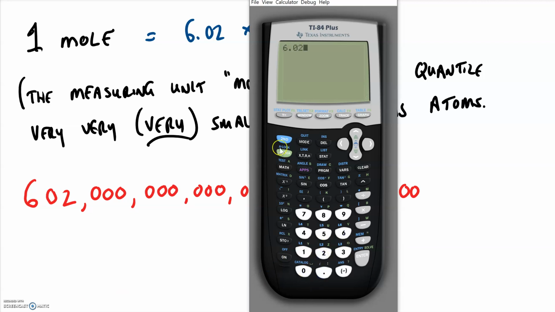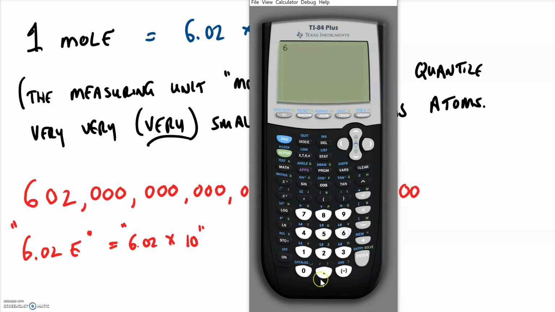6.02. We're going to hit second. See how this little up arrow lights up to show us that we're shifting. EE, and this little E is the calculator's way of saying times 10 to the. And so all we have to do is tell the calculator that we want that exponent to be 23. Now there are going to be some of you that are going to enter it like this.